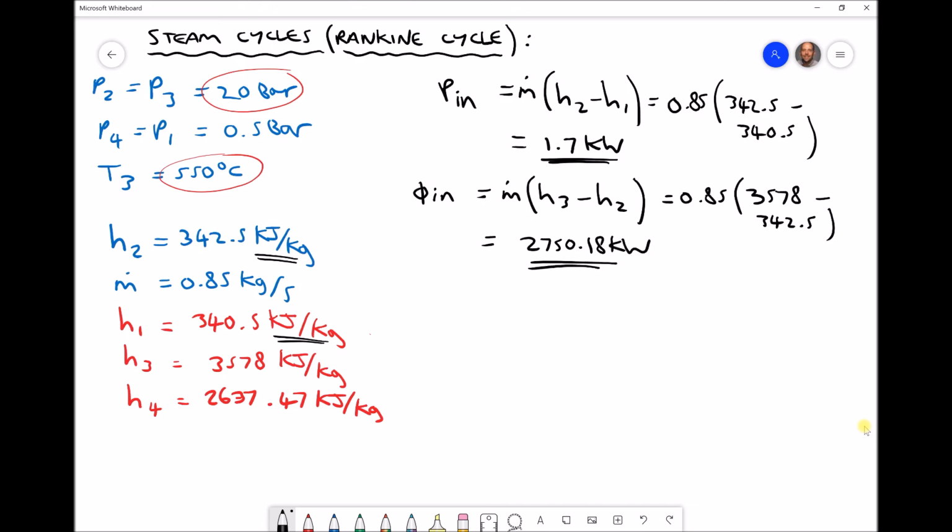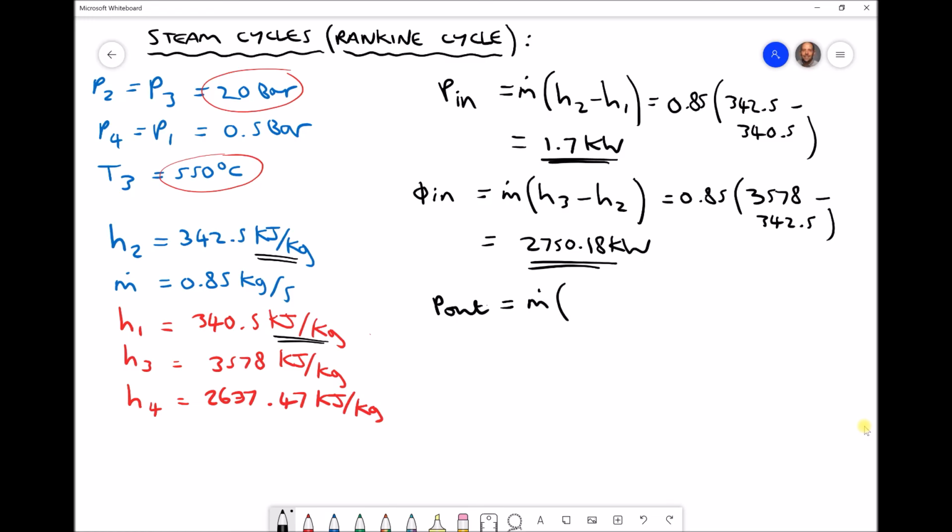Once we exit the boiler, we enter the turbine, and this is where the steam does work on the system, or we expand the steam in order to generate mechanical power. So we have P out at the turbine. Now note that this value is going to be negative because the steam's doing work on the turbine. Therefore, energy is leaving the process as we create mechanical work. So we expect this to be negative.